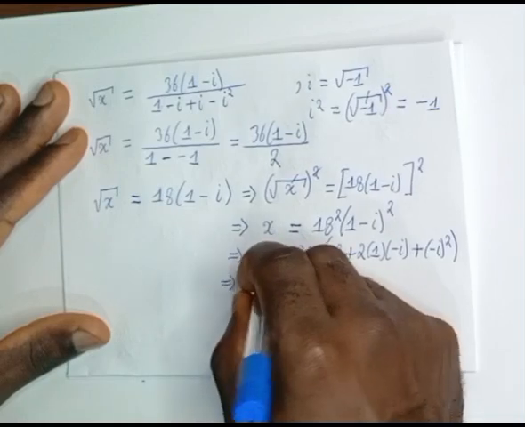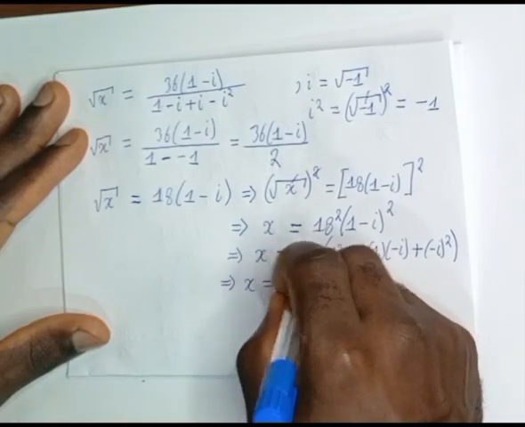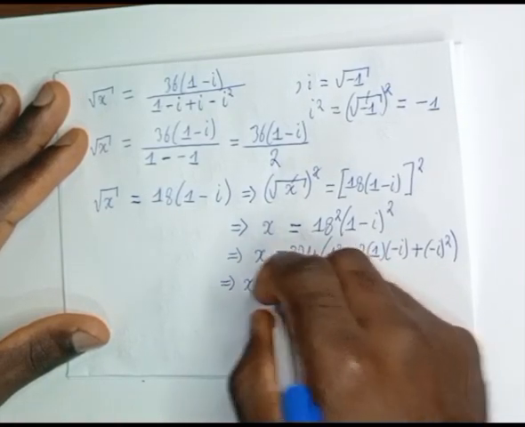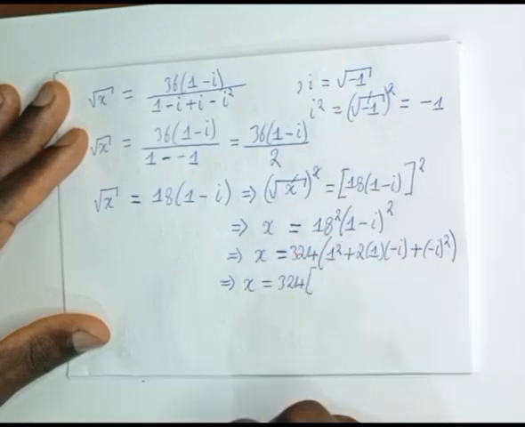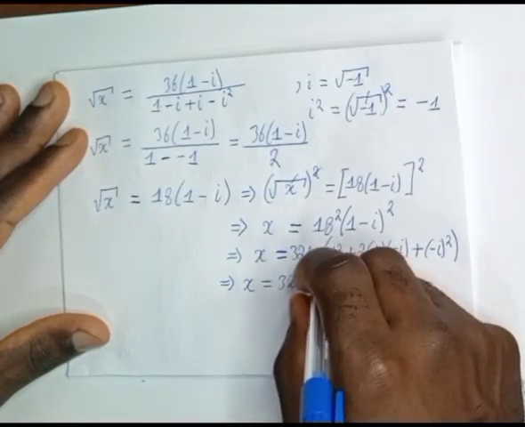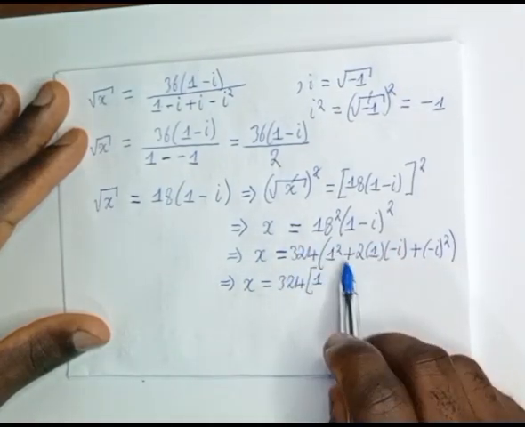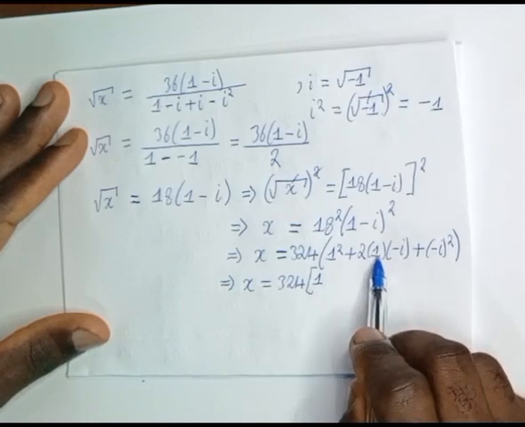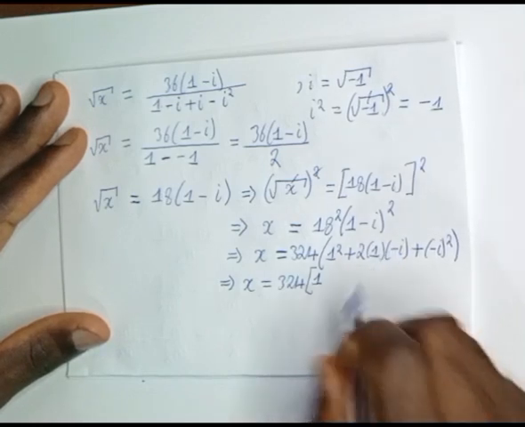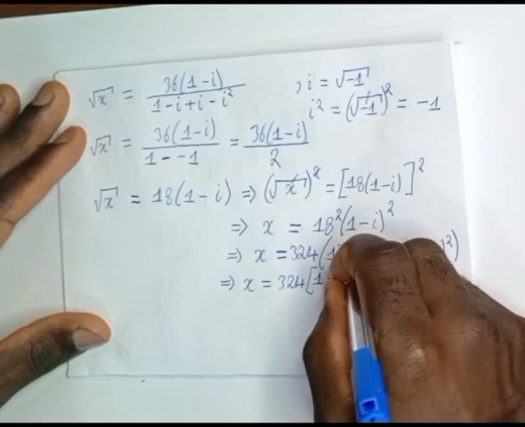Then x will simply be equal to 324 times 1 times 1 remains 1, which is 1 squared. 2 times 1 gives us 2 times negative i, negative 2i.